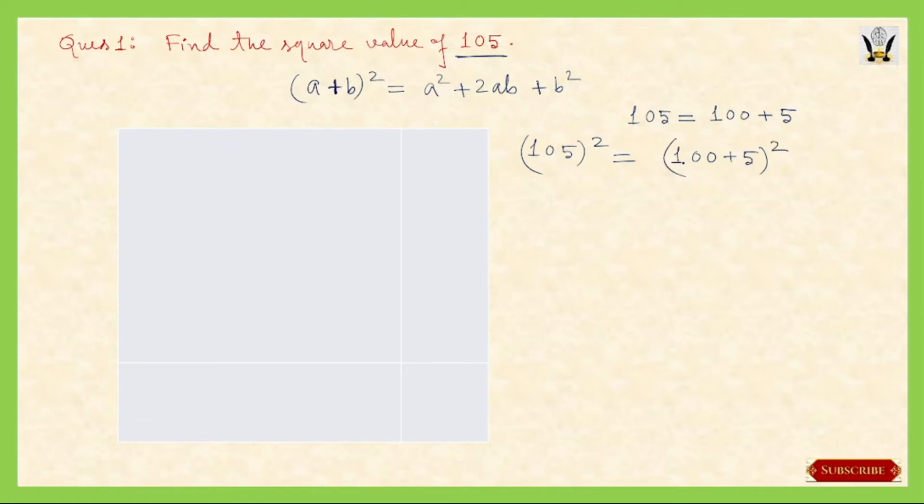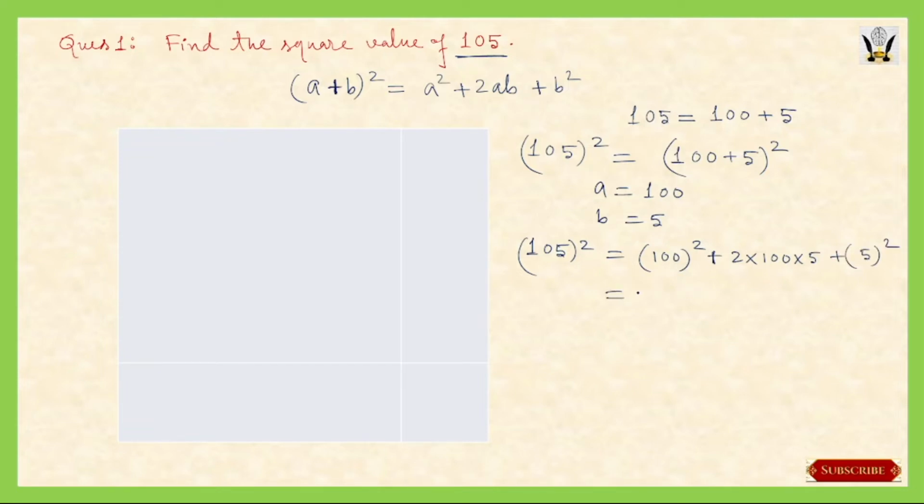I hope you have understood what I mean here. It fits with this identity. So here a will be equal to 100 and b will be 5. When we fit this with the right hand side of the identity, the square of 105 will be a square, that means 100 square, plus 2ab, that means 2 into 100 into 5, plus b square, that means 5 square.